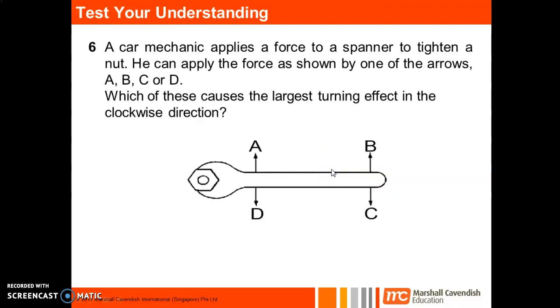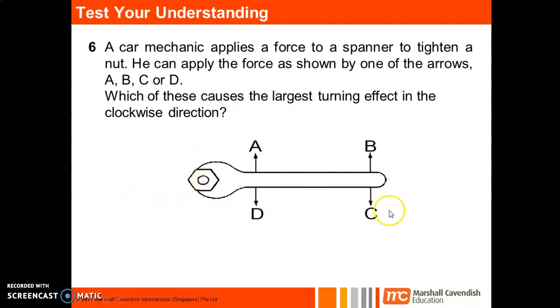Question 6. Now I want to tighten a nut. You can apply the force A, B, C, D. Which of these will cause the largest turning effect in the clockwise direction? Ask yourself, which one is the clockwise direction? This is my pivot. A and B will give you a clockwise direction, whereas C and D will give you anti-clockwise.